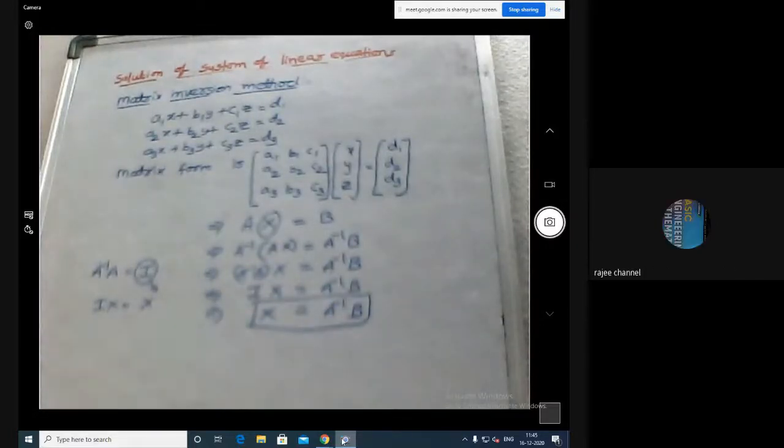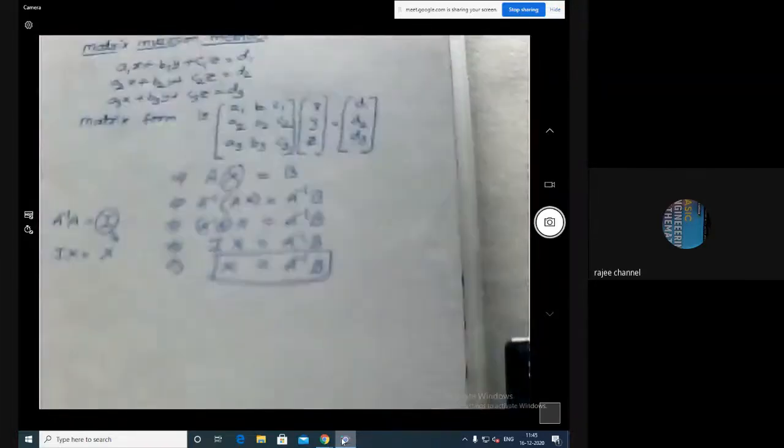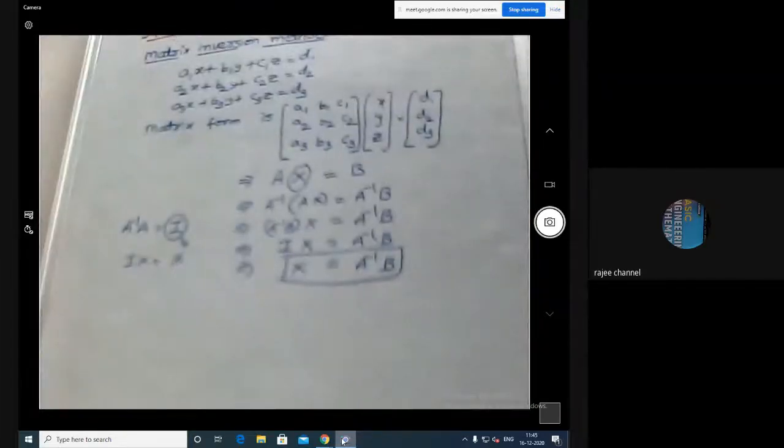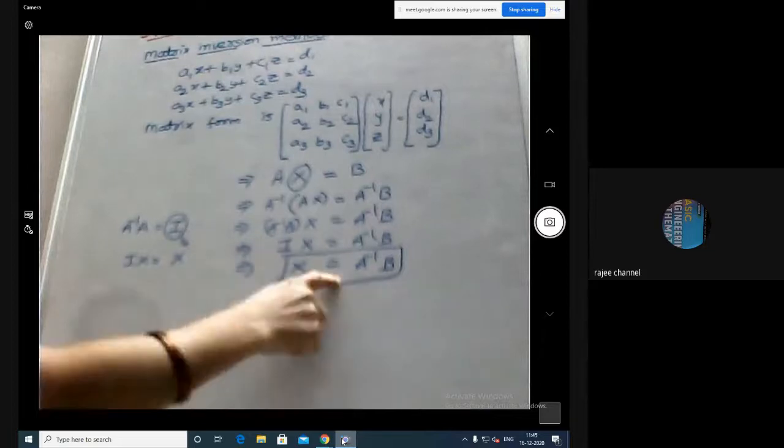The matrix inversion method formula is X equal A inverse B.